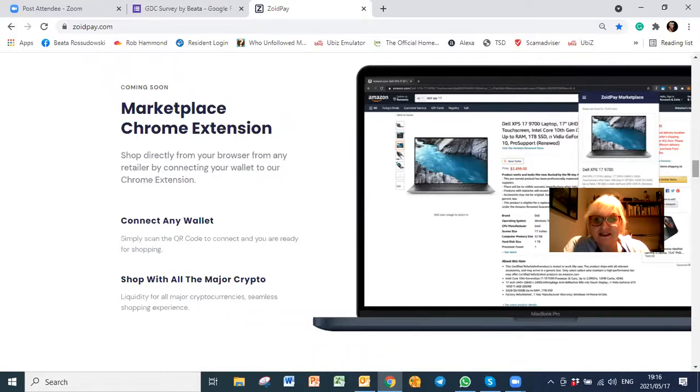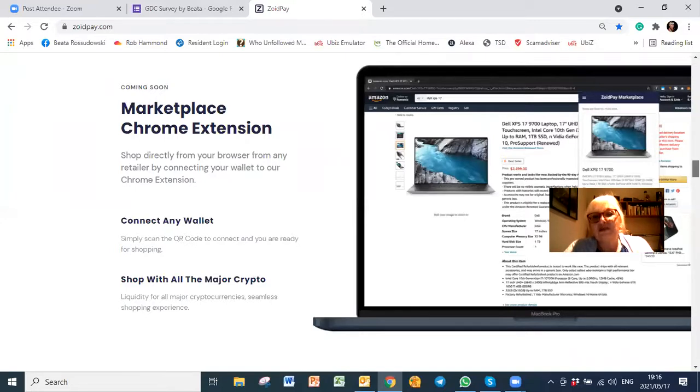If you haven't joined the Telegram ZoidPay group yet, I would strongly advise you to do this. There's a lot of entertaining information floating through it. But on this Telegram group, please look at the pinned messages, because those pinned messages are vital to keeping up to date with what's happening and when stuff is going to happen.